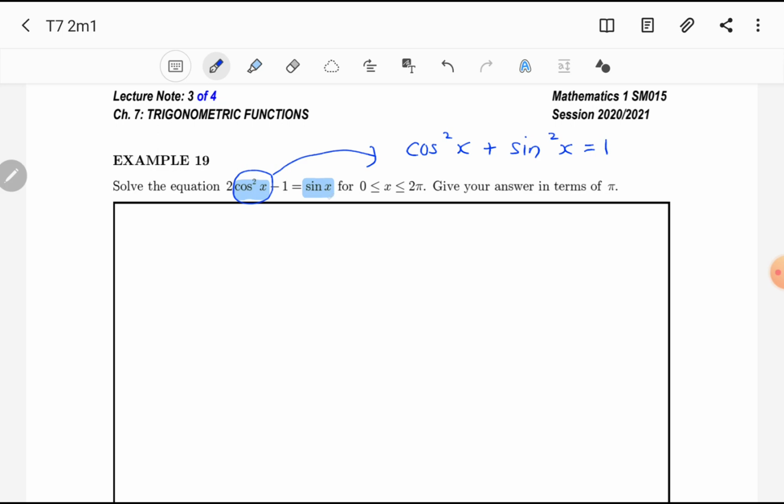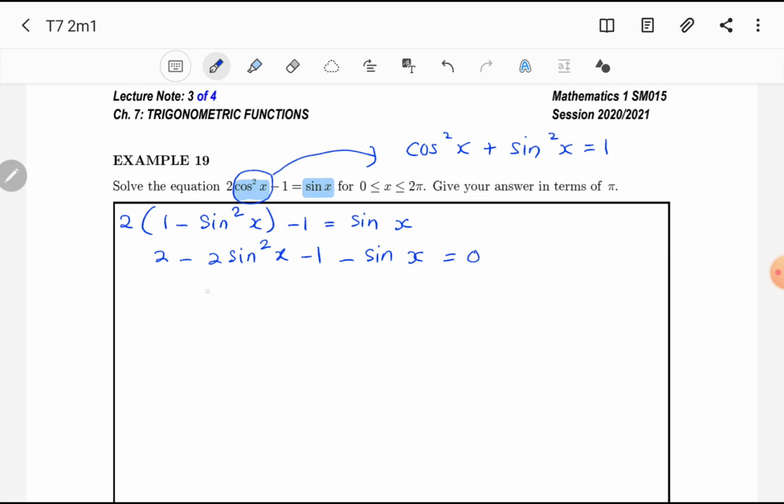Boleh tak nak tukar sin X? Tak boleh. Kenapa? Sebab dia tak ada kuasa 2. Sin tu tak ada kuasa 2, so tak boleh guna identity tu. Okay, so kita replace. Cos square X is 1 minus sin square X, so 2 times (1 minus sin square X) minus 1 equals to sin X. So, we expand: 2 minus 2 sin square X minus 1 minus sin X equal to 0.